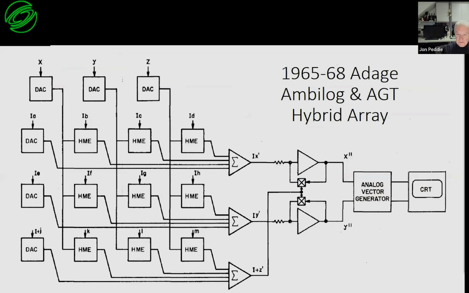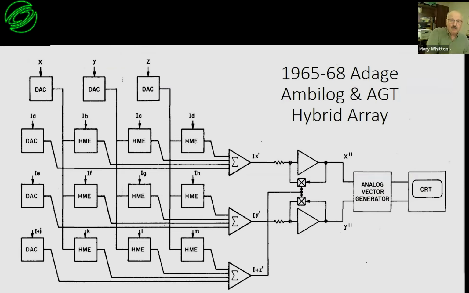The Adage AGT's original design was in 65, and then it was upgraded in 68, but it used a hybrid array in order to do matrix multiplications, a combination of digital and analog logic, because that was the only way you could run fast enough to do 3D perspective display and vector display.